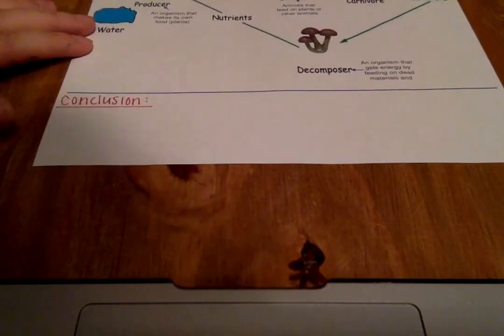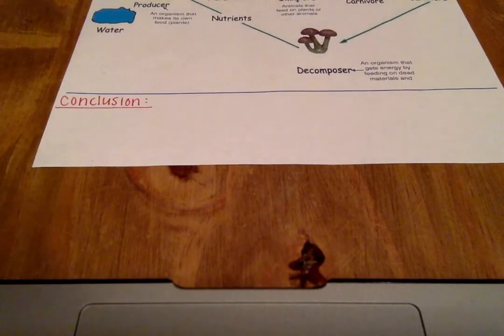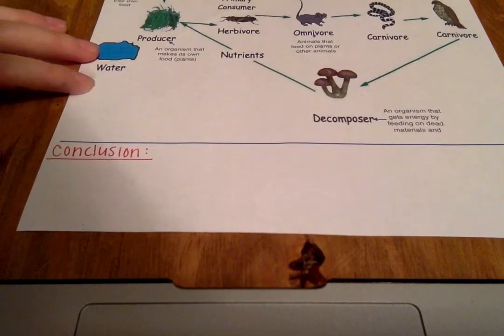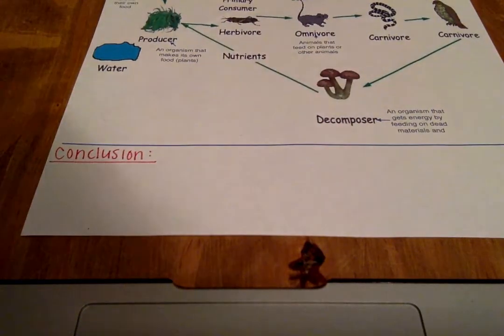Next, we need to make a conclusion. And our conclusion, if you remember, is just like the introduction, just using different words. So our introduction was, a food web is made up of many different interactions between the sun, producers, and consumers.